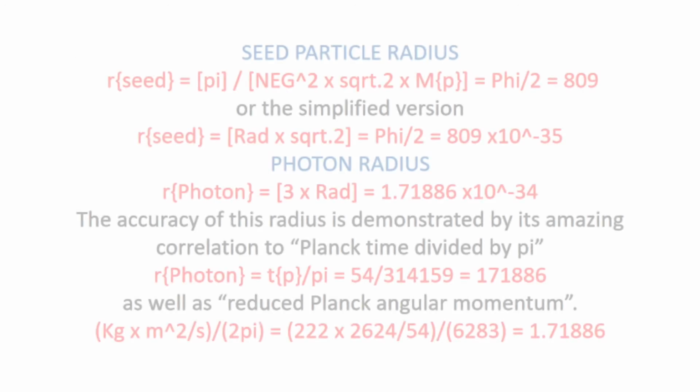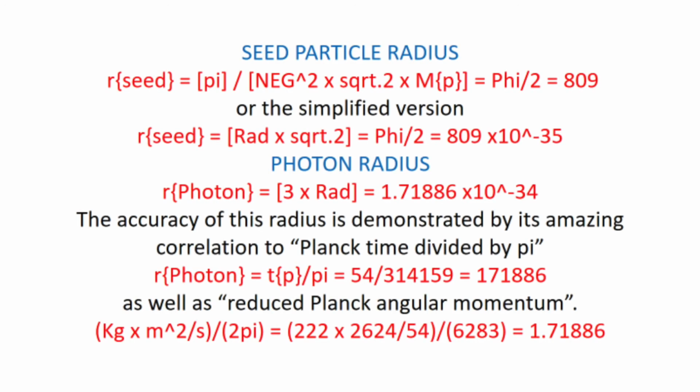Concerning the derivation of the seed particle radius, we must consider the equation proposed by the current model as having a numerator of pi divided by a denominator product of n, e squared times square root 2 times m sub p, where m sub p represents the Planck mass as well as the seed particle's spherical volume.